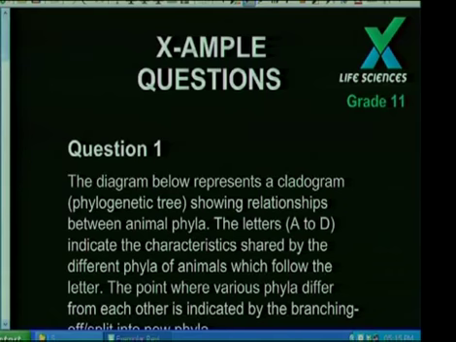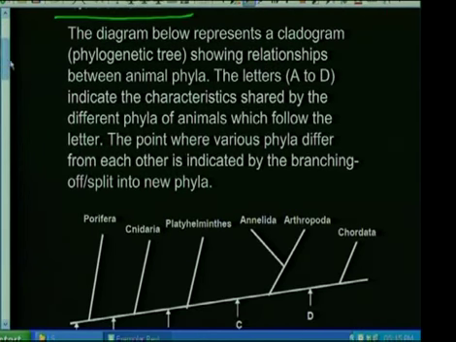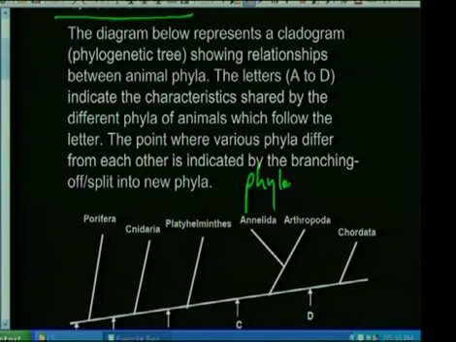Let's look at question 1. The diagram below, now here we're starting with a question dealing with clad diagrams or cladograms or phylogenetic trees. Phylogenetic trees show the relationship between different organisms over time based on classification of different development in their timelines.